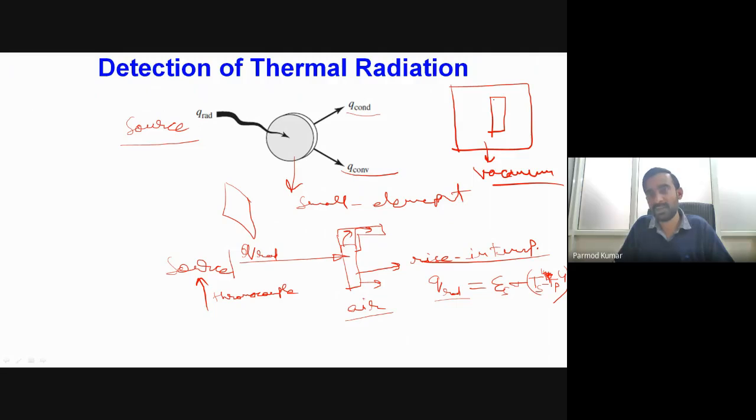At the same point of time, if we take perfectly insulated supports to hold this plate, then we will have almost negligible conduction losses. So whatever radiations we expose will be mainly employed in raising the temperature of this surface.